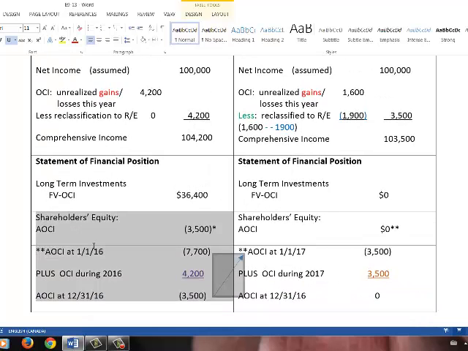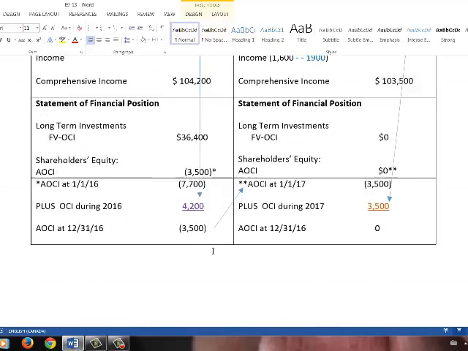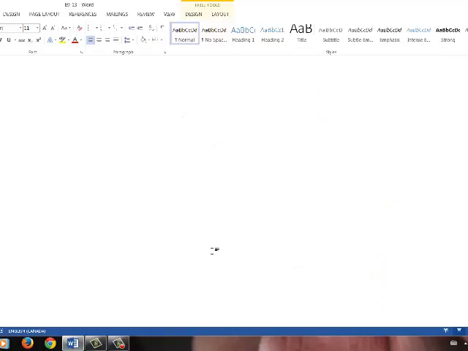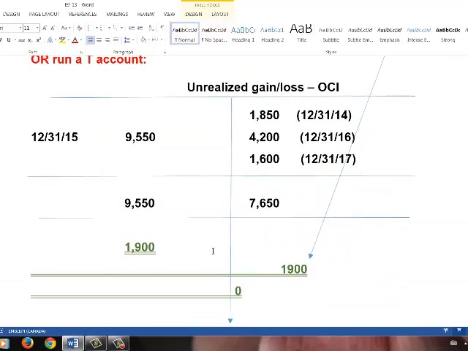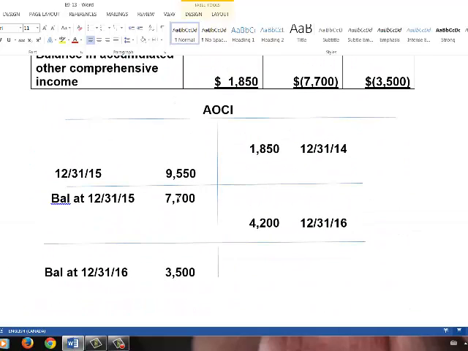We would have started AOCI at the beginning of 2016 at $7,700. And again, if you're not sure, go back up to your T account or however you're calculating it. I always say the T account is good, but up to you. Depends how you want to do it. It's the difference between the unrealized gain that you booked at the end of 2014 and the unrealized loss that you booked because the investment went from $39,900 to $32,200.